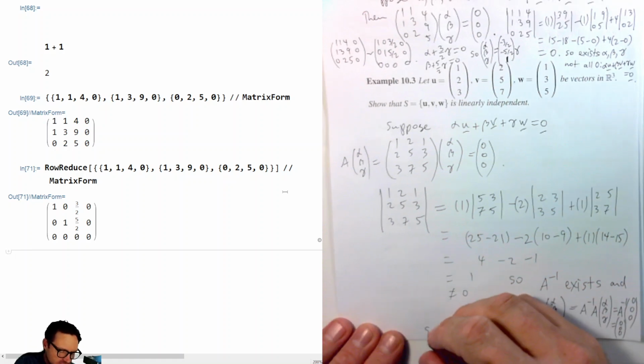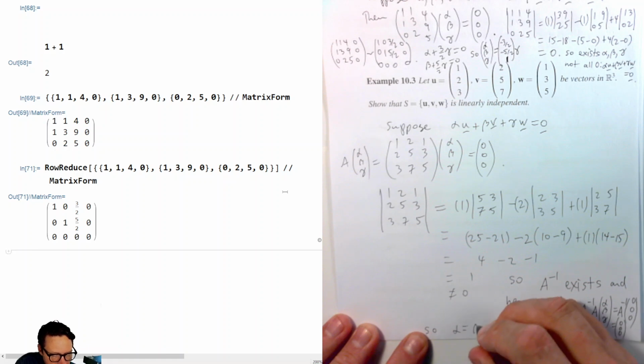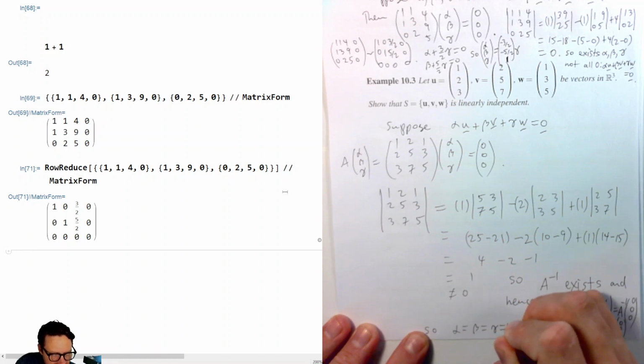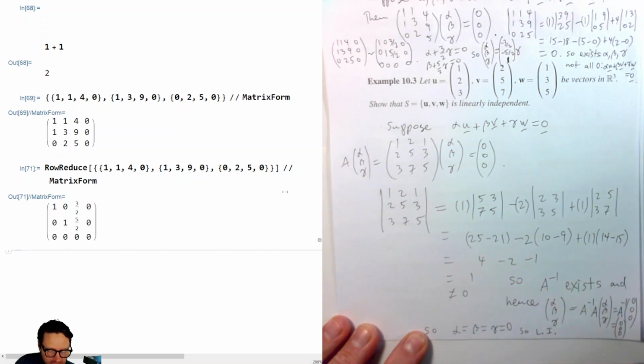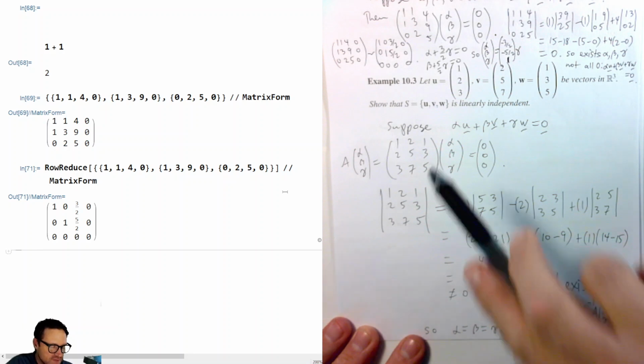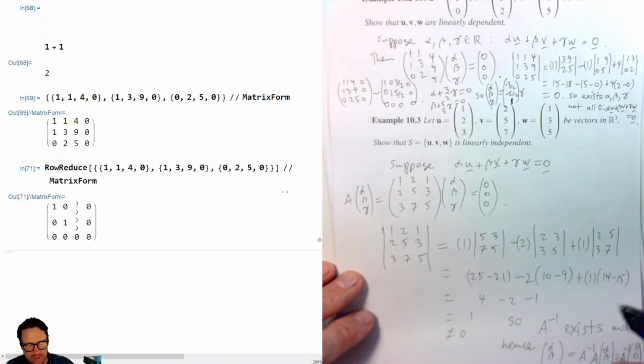And so what we've learned, alpha is beta is gamma, which is 0, so linearly independent. That set S is linearly independent. Okay, moving on.